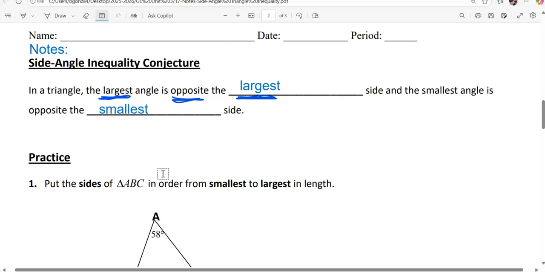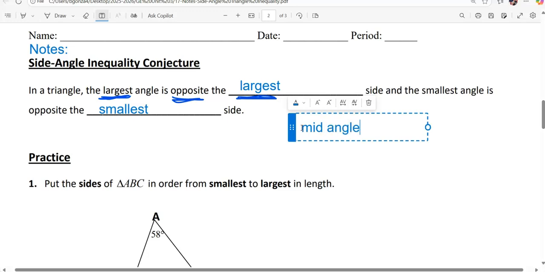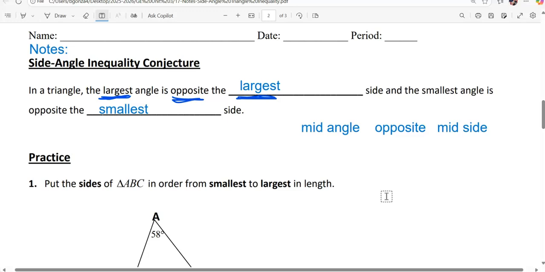And then it also works for the mid angle is opposite the mid side. And all of this is also going to be vice versa.